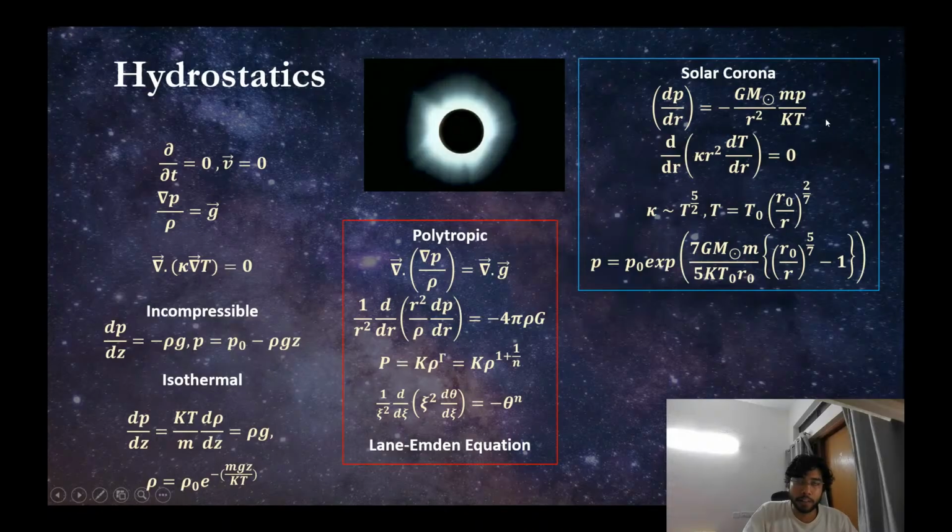At very far distances, the corona will not be there. So at infinity, the pressure due to the corona should be zero. But in this equation, if you put r tends to infinity, you are not getting zero. You are getting some finite value. So that is not possible, and that's where the problem is.